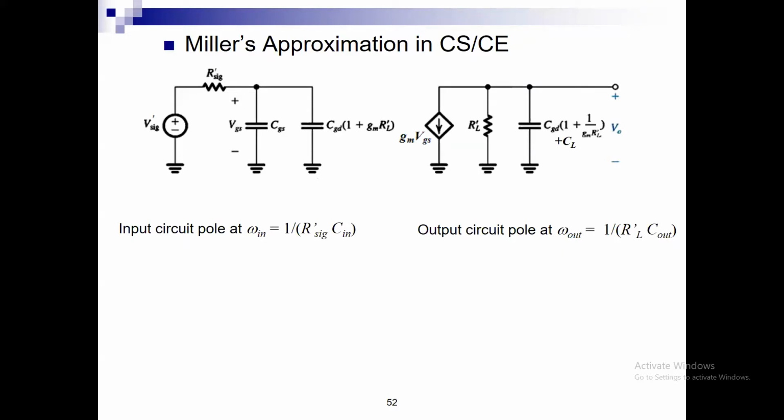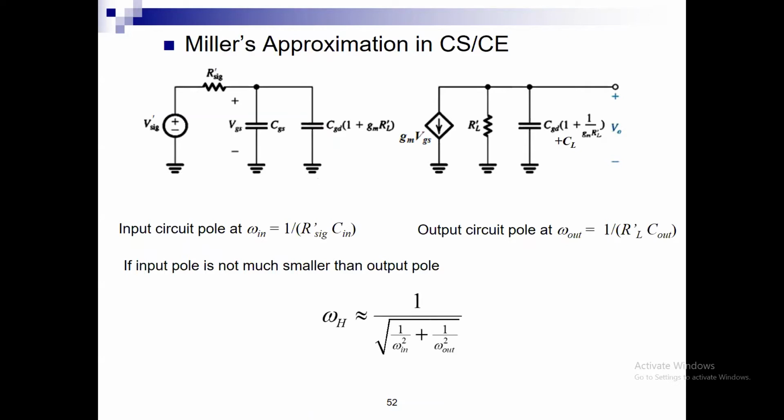If there is no dominant pole, what method can I use? I can use the better approximation method. If the input pole is not much smaller, then I can use the better approximation method.